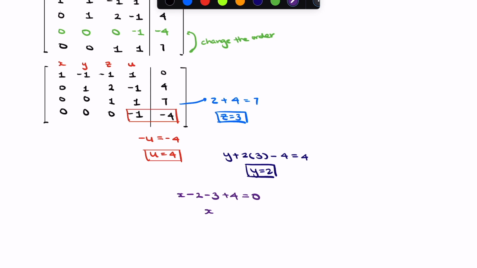So here x is equal to 1. And so here we get, therefore, x is equal to 1, y is equal to 2, z is equal to 3, and u is equal to 4.